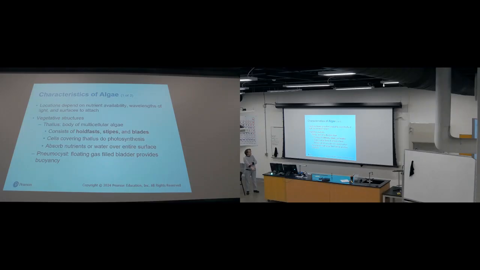And then the cells that cover the thallus will be in charge of photosynthesis, and they absorb the nutrients or water over the entire surface. And then they can have some internal structures called pneumatocysts, like the cylinders that some bacteria, like some cyanobacteria, have, to go up and down along this aquatic surface to catch sunlight as they need it.